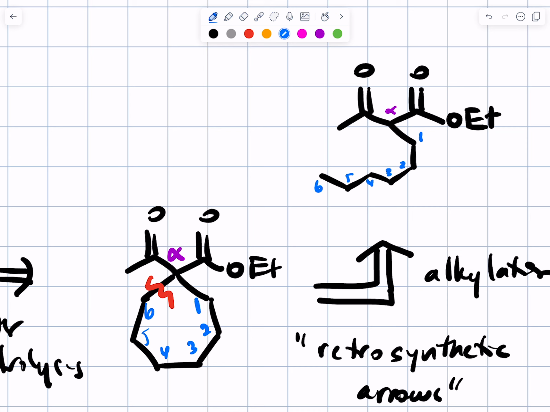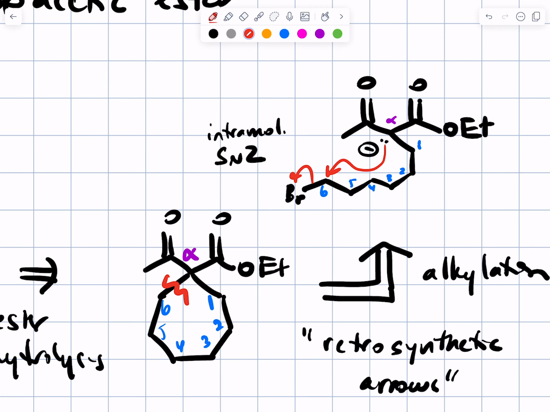Then what do I need on the alpha carbon and what do I need on carbon 6 to make this work? You need a halide, you need a leaving group. So let's put a bromine there. And then on the alpha carbon would be a negative charge. Then I can do an intramolecular SN2 reaction. If you want to see the forward arrow, it looks like that, and that makes the indicated bond. Okay?